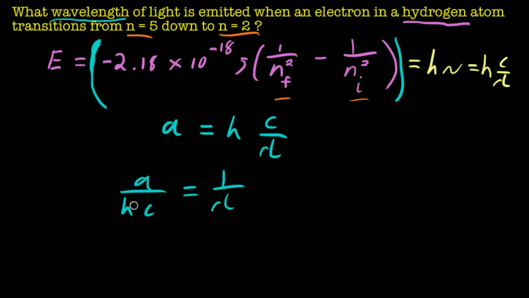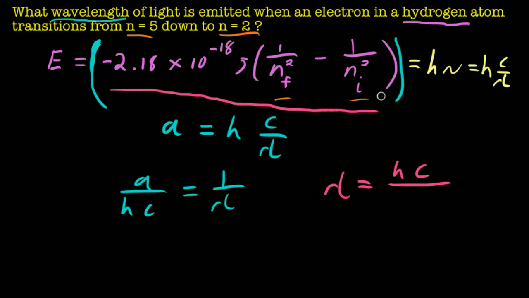And then we just have to invert, we just have to flip both sides. So our final answer, lambda, is going to be equal to Planck's constant h times the speed of light c, all of that divided by A, and remember we just called A all of this stuff that's in there.